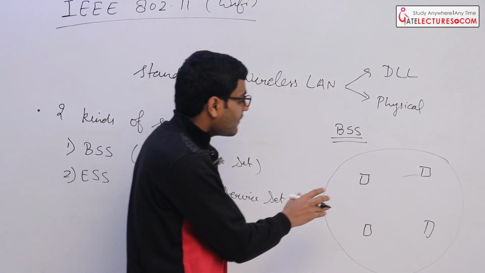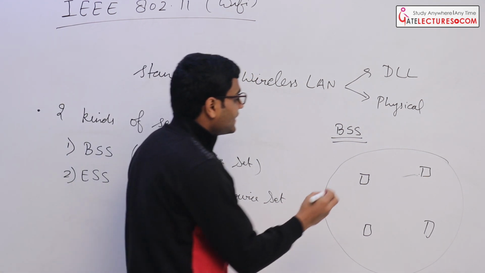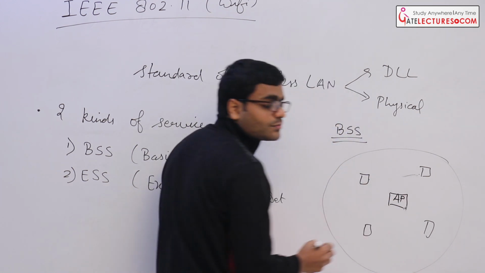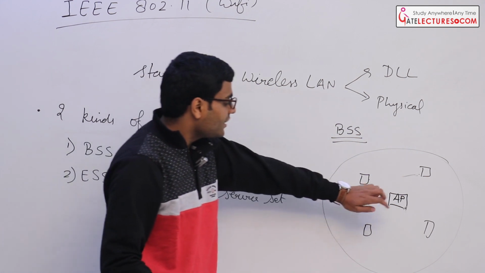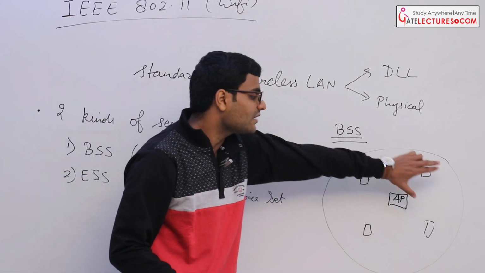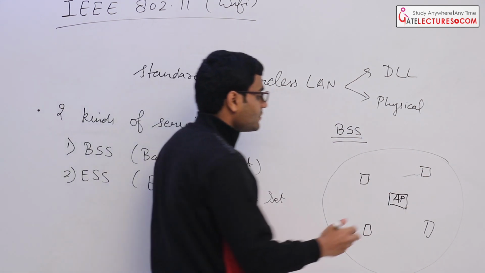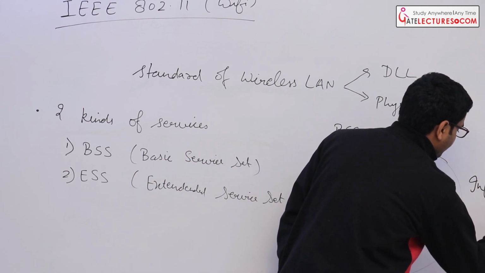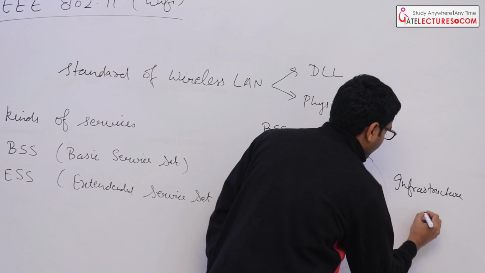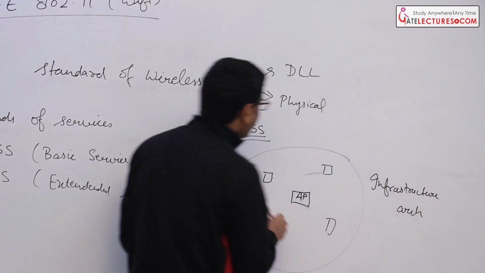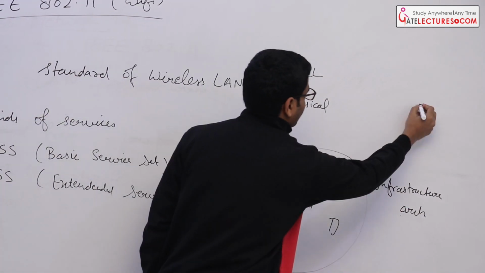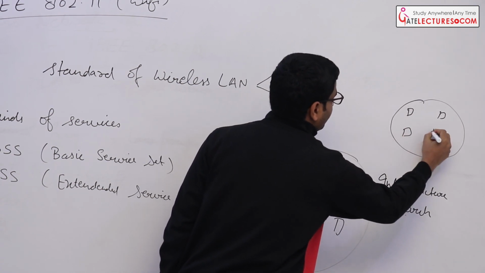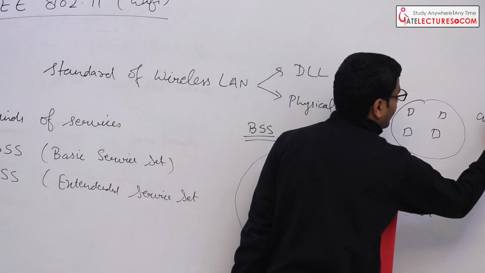In this we can have an optional centralized station also, which we call an access point. It is optional. If we have an access point, we call this an infrastructure architecture, and the BSS without an access point is called ad hoc architecture.